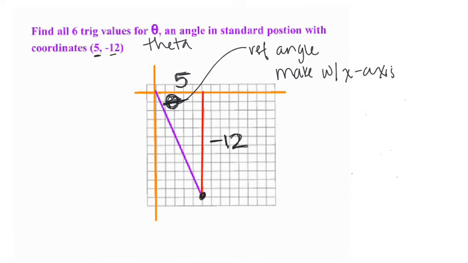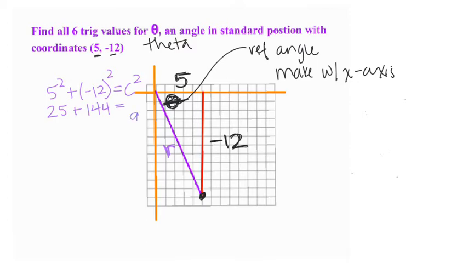I'll do that work in purple here. So I have a squared plus b squared equals your hypotenuse squared, or your radius. I'll just call it r for radius. So this is 25 plus, this turns into a positive 144. Make sure we're not making that mistake.